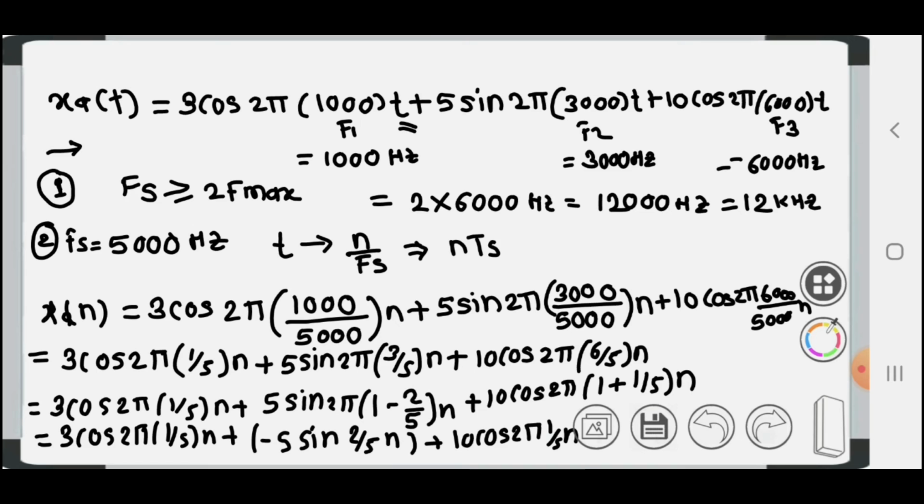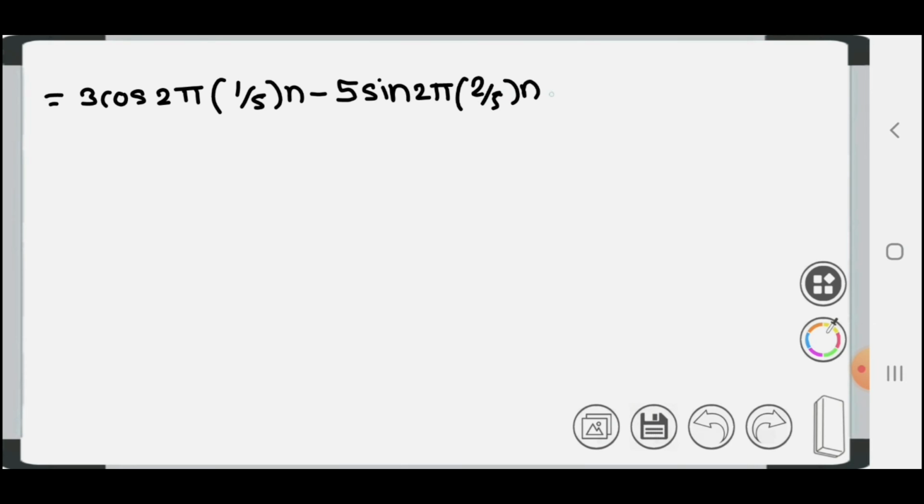So make it 3 cos 2π 1 by 5 n minus 5 sin 2π 2 by 5 n plus 10 cos 2π 1 by 5 n.